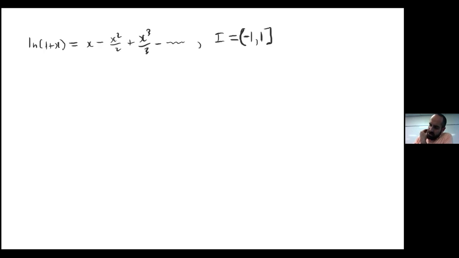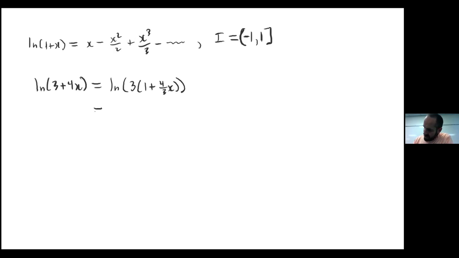So if I had the logarithm of 3 plus 4x, for instance, like we had on the test, there's a couple of ways we could proceed. But one that I didn't do yesterday necessarily is that you could factor out 3. You could write this as logarithm of 3 times 1 plus 4/3 x, okay?